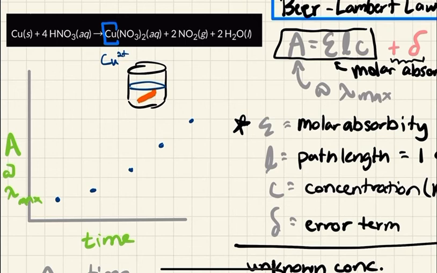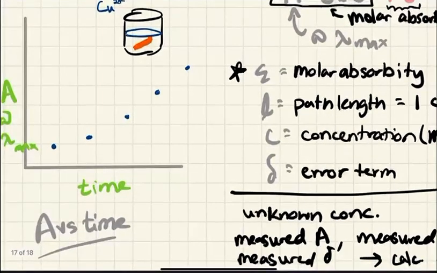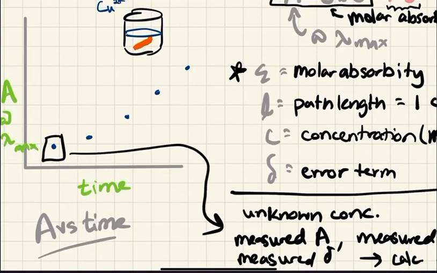And so you'll use that to reason about the rate of reaction. And we could definitely take each of these points. We know the absorbance. We don't know the concentration. We can calculate what the concentration of copper-2 ions in solution at that time point is using our Beer-Lambert law with our known molar absorptivity.